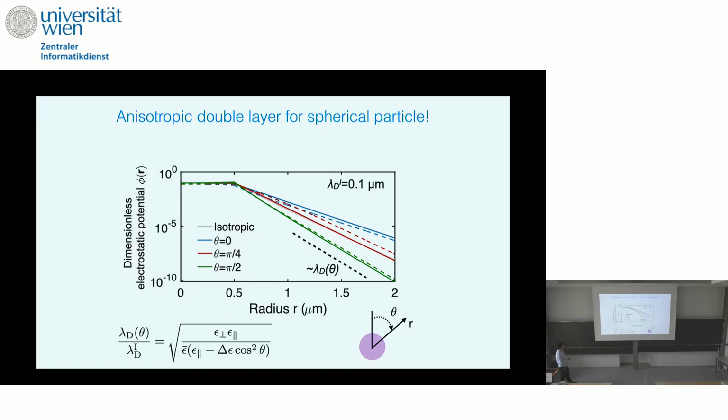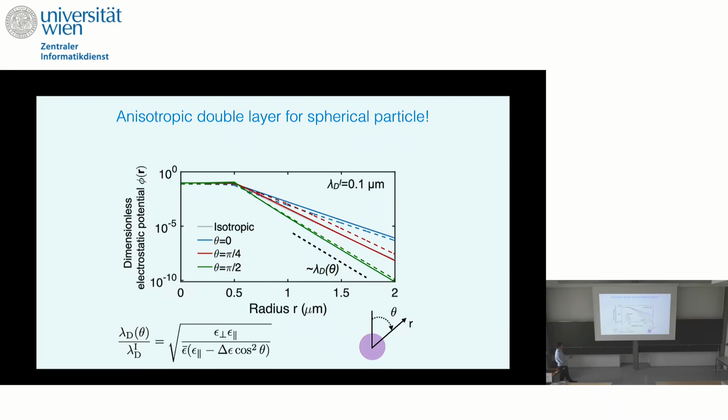And actually, if you assume, for example, small electrostatic potentials, you can even find an analytical formula for the decay, for the Debye screening length in a sense. You find that depending on how you traverse radially from the particle with respect to the z-axis, this angle theta, the Debye screening length is different.